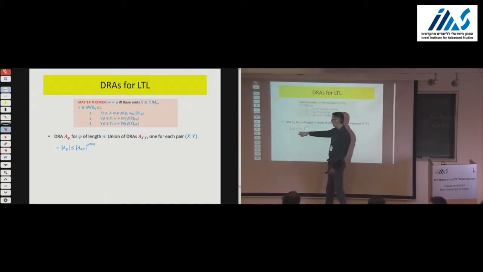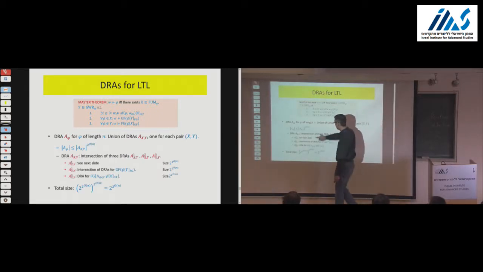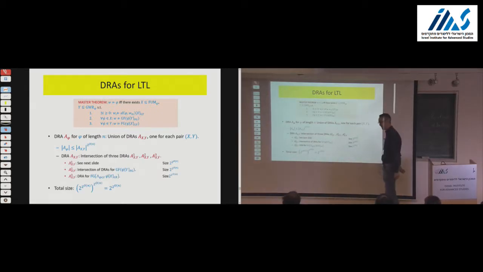So the size of the automaton A_phi, I'm being a little bit sloppy here with the notation, is going to be at most, remember that the size of the union of two deterministic Rabin automata is the product of the sizes, right? So what you have is the size of this automaton to the power 2 to the O of n. Looks very dreadful. It is dreadful, but it's just as dreadful as the Safra construction.